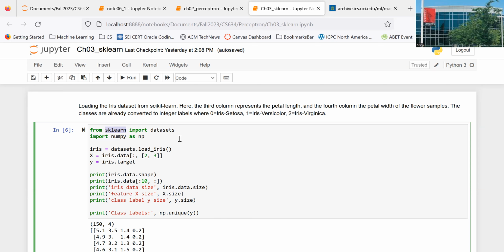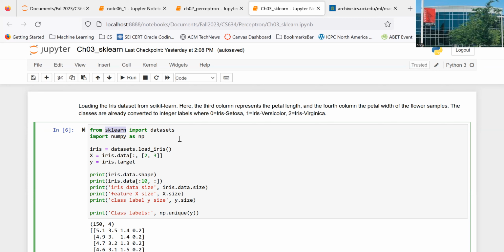And what is y? Y is what the flower class is. So here we have 3 classes. Okay. So that's why this is the label data.